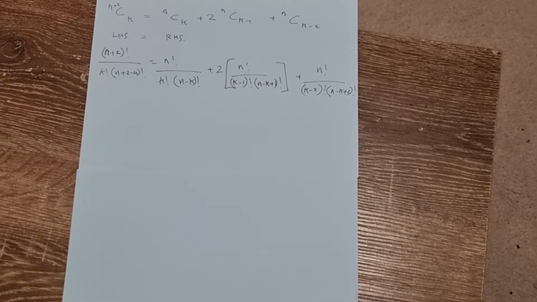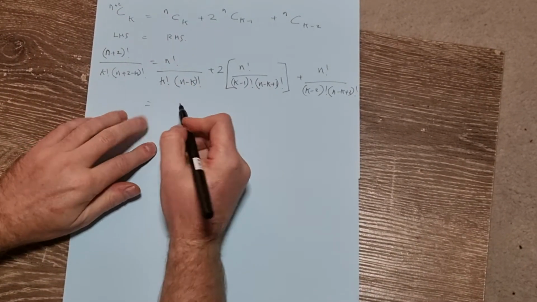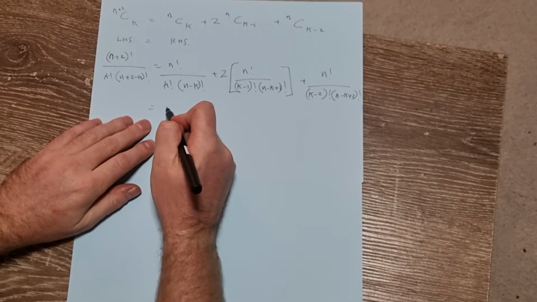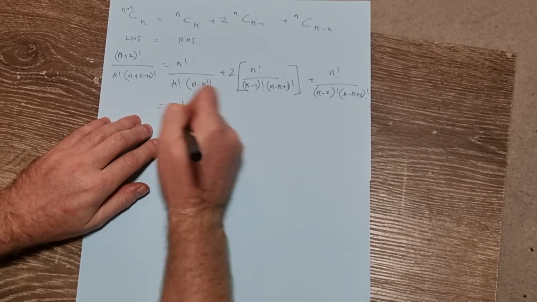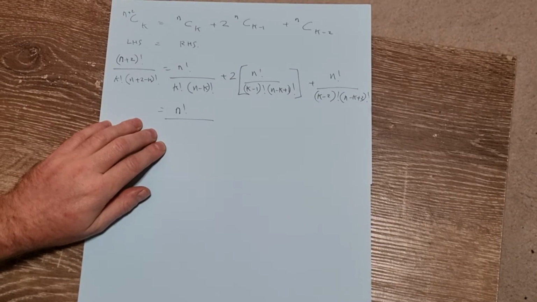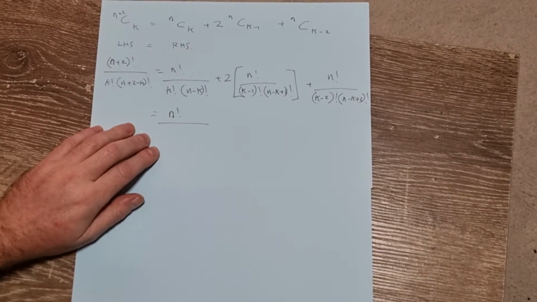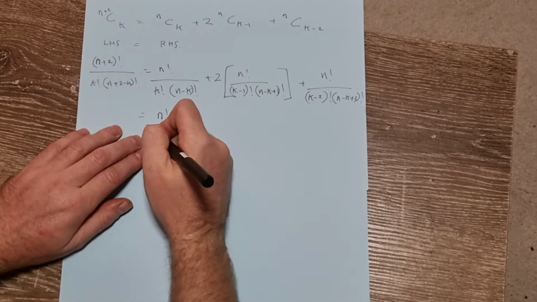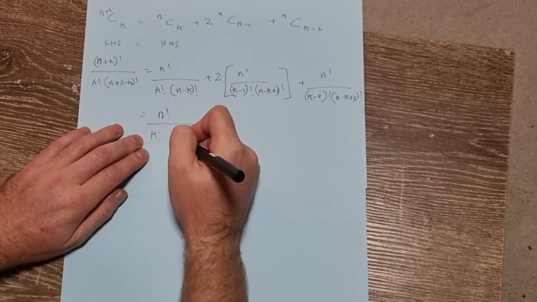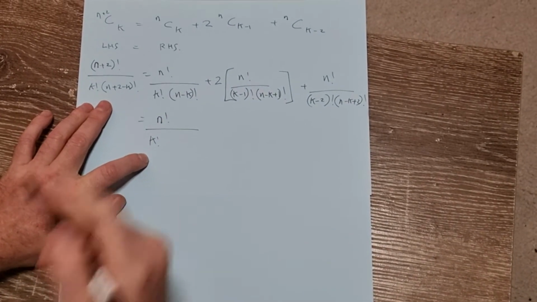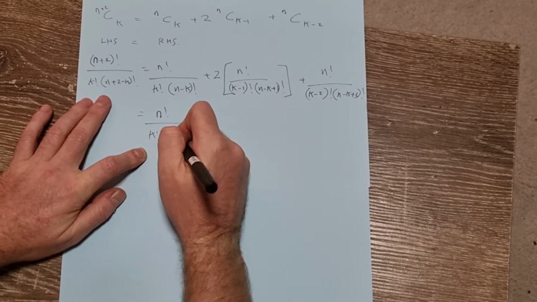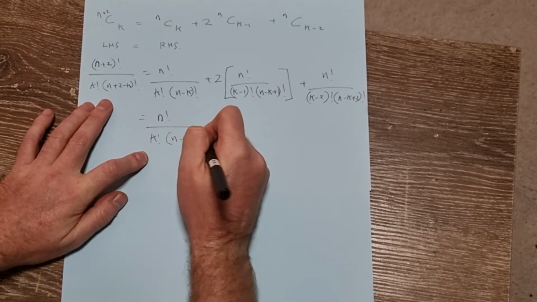Okay, so there's a little trick we can do. I'll show you that trick now. We are going to leave the numerators alone and just get the denominators the same. And when we're doing factorials, there's a way we can do that. So we need (n plus 2 minus k) factorial, so we can insert that here.